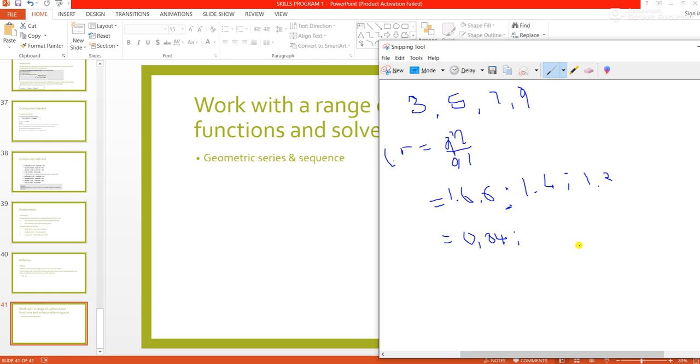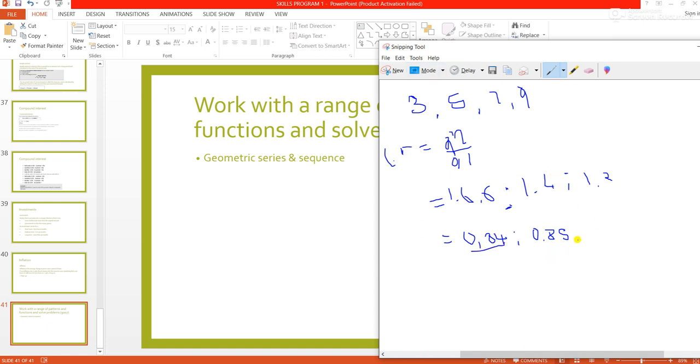So it's slightly the same. So we know that the common ratio for this series is about 0.84.